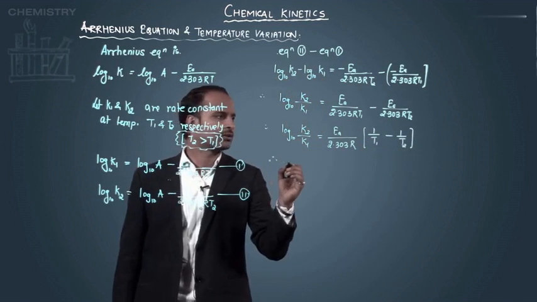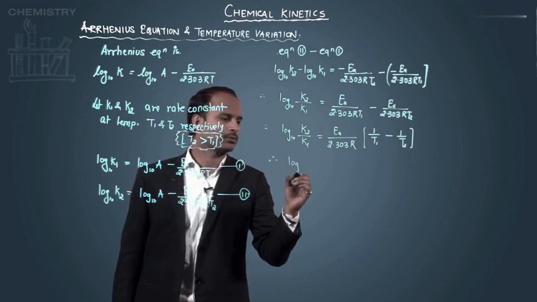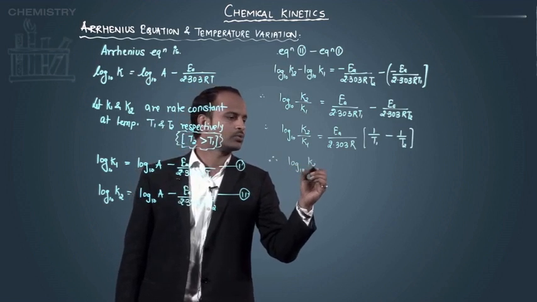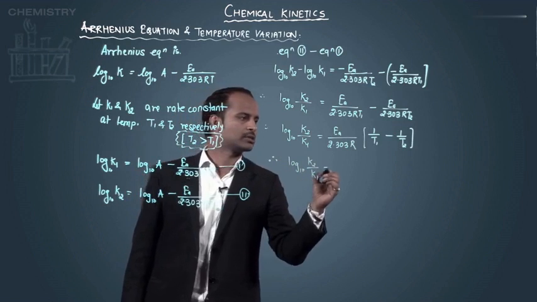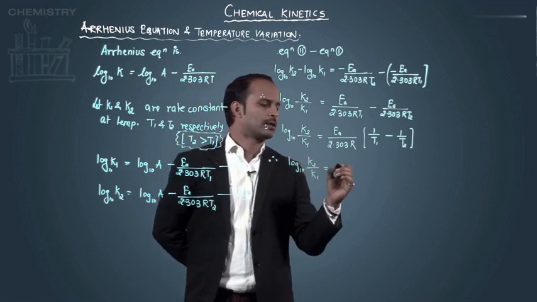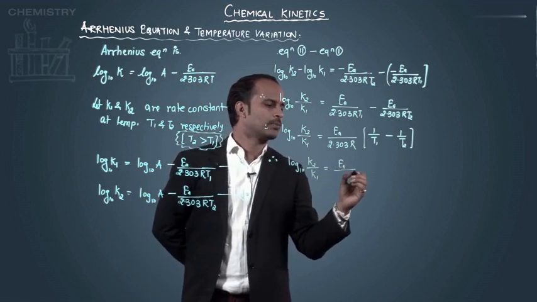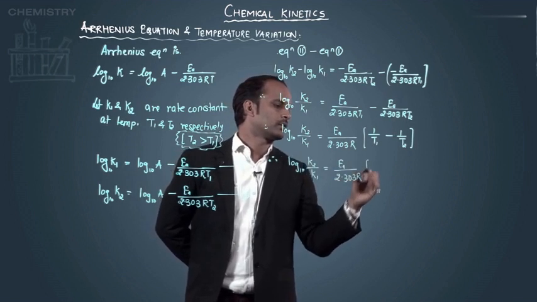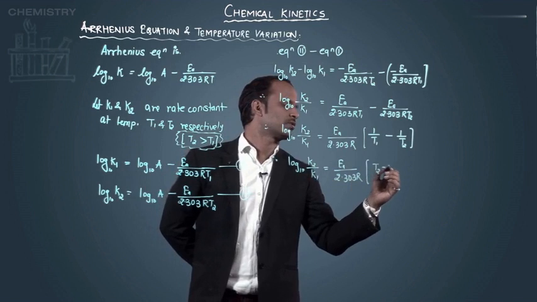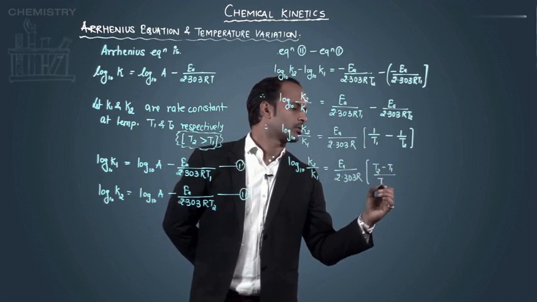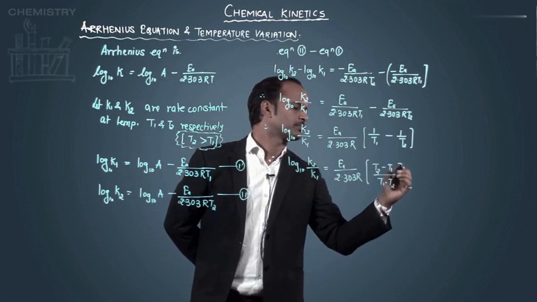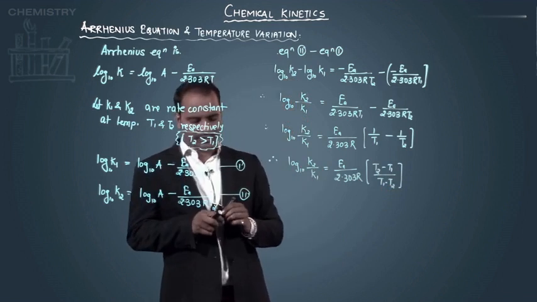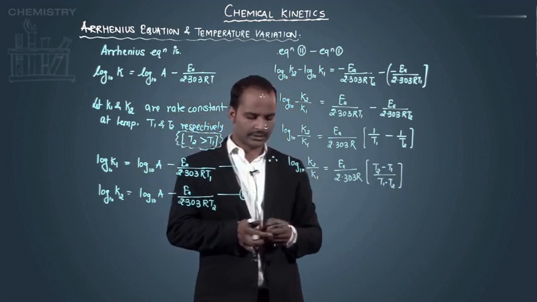Therefore, log to the base 10 K2 upon K1 is equal to EA upon 2.303 R into T2 minus T1 upon T1 into T2. So this is the formula which we finally get.